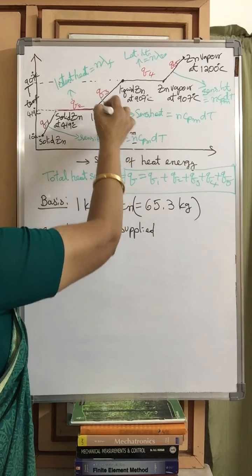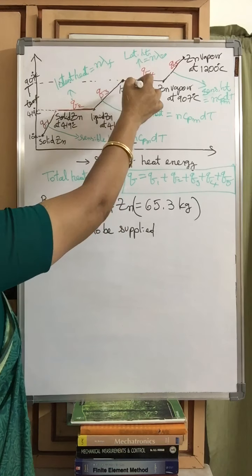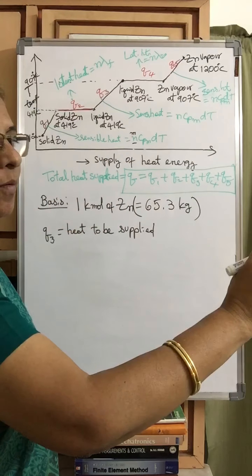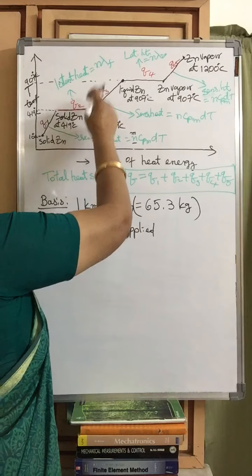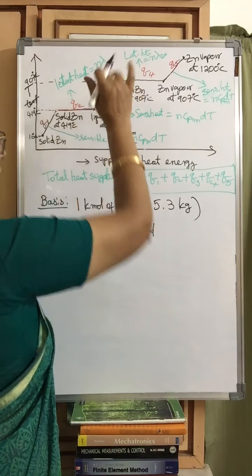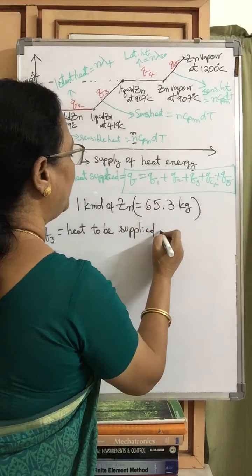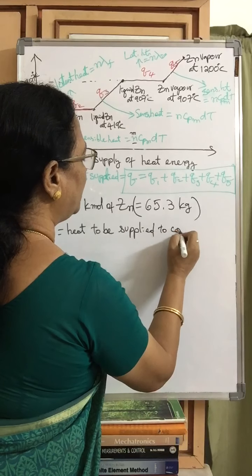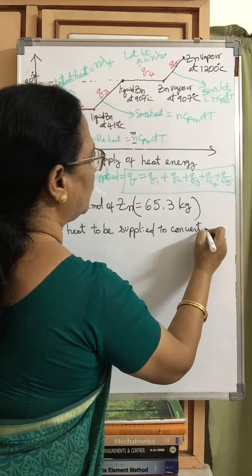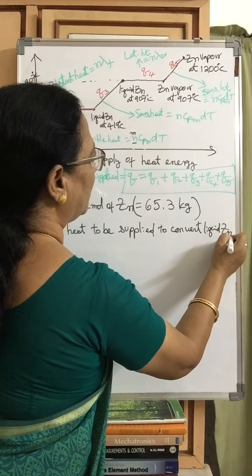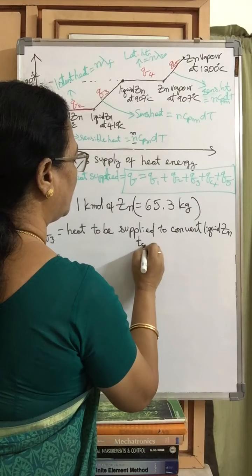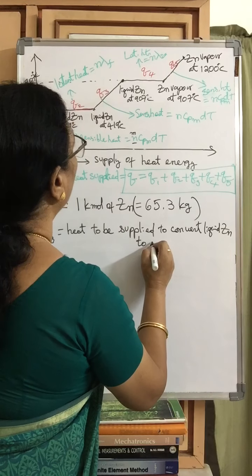This liquid zinc is to be heated up to its boiling point; it can exist in liquid form from the melting point to the boiling point. That whole range we need to take care of. Heat to be supplied to convert liquid zinc to zinc vapor.